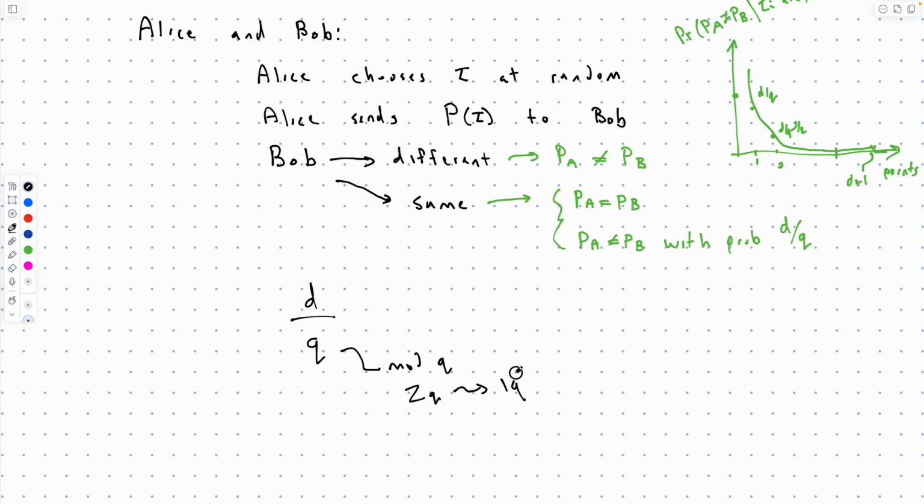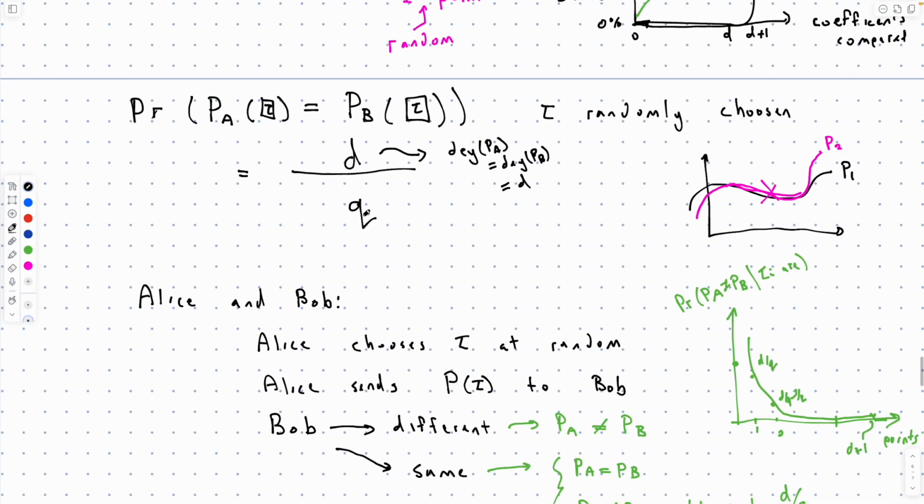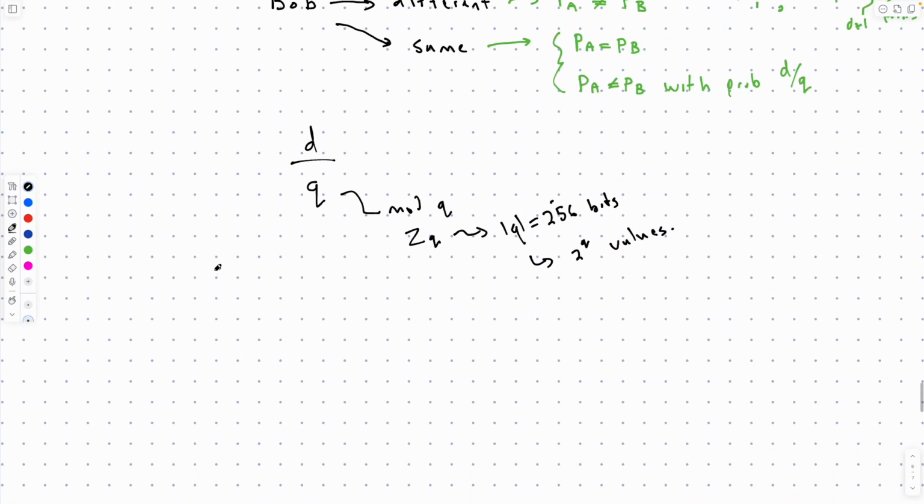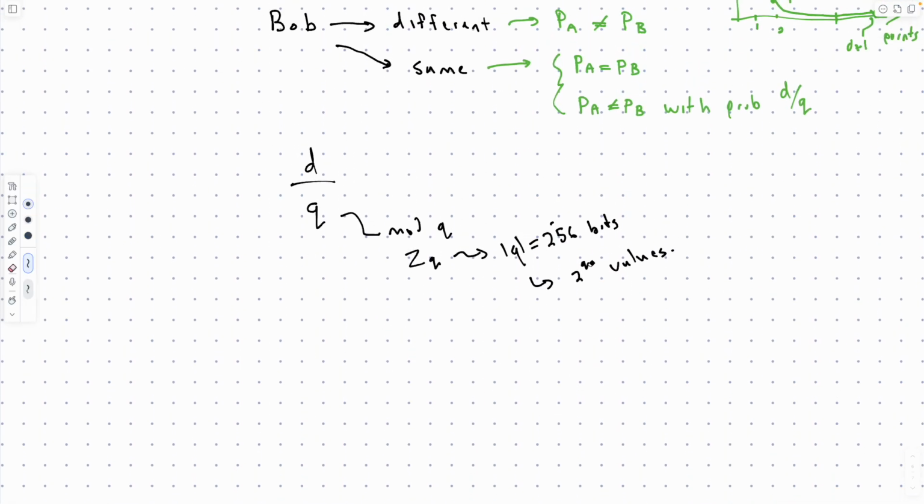So the number of possible values is 2 to the 256.